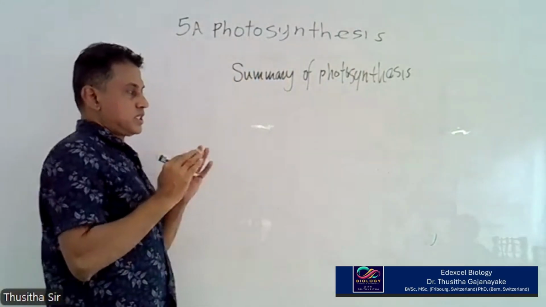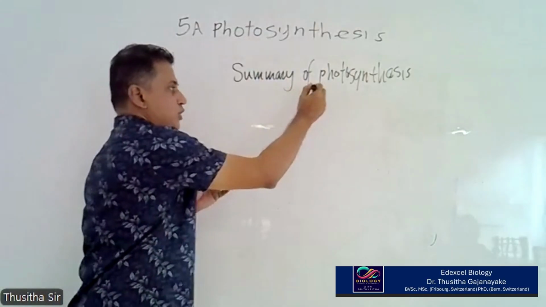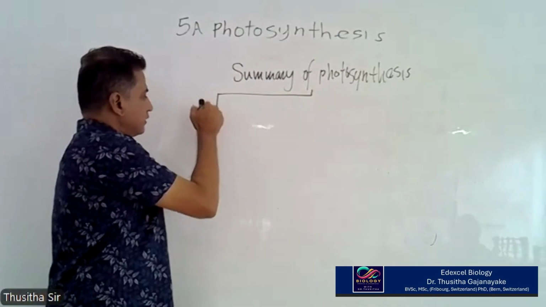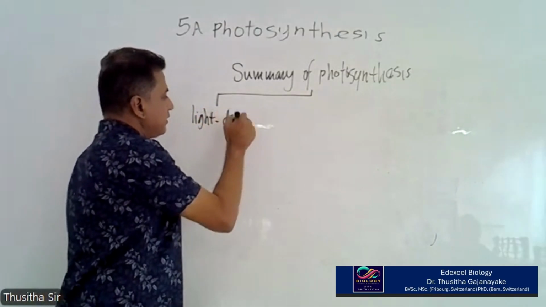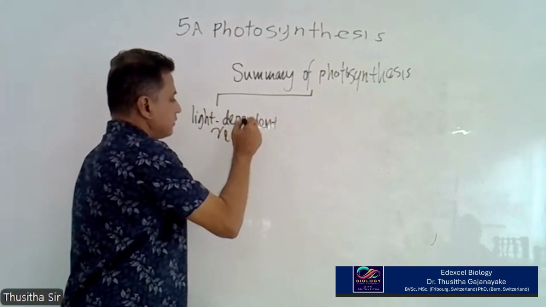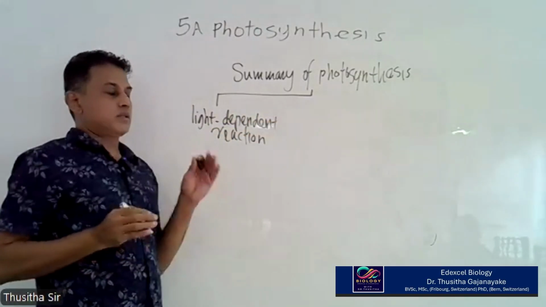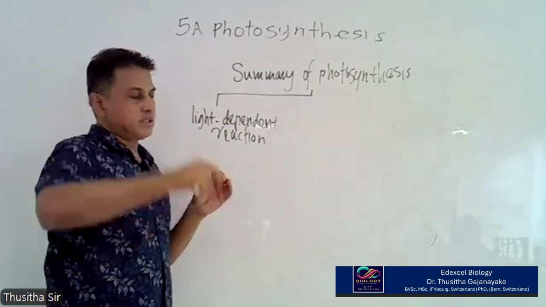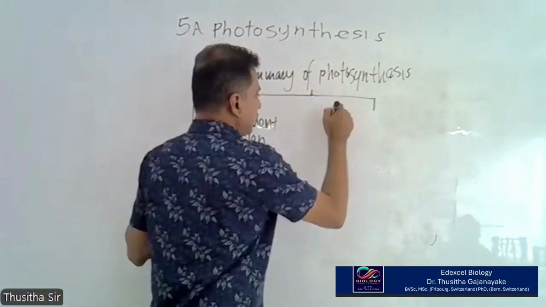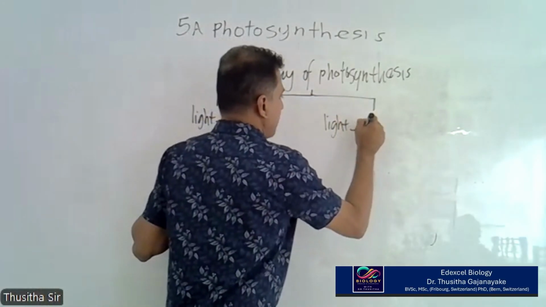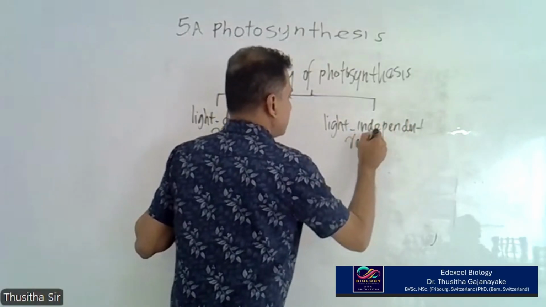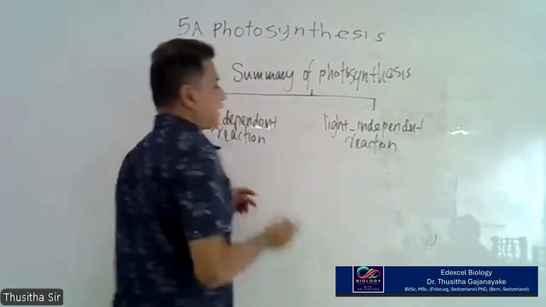Now, the photosynthesis reaction we can divide into two. The first reaction is called the light dependent reaction. That means the first stage definitely needs light. Then the second reaction is the light independent reaction.